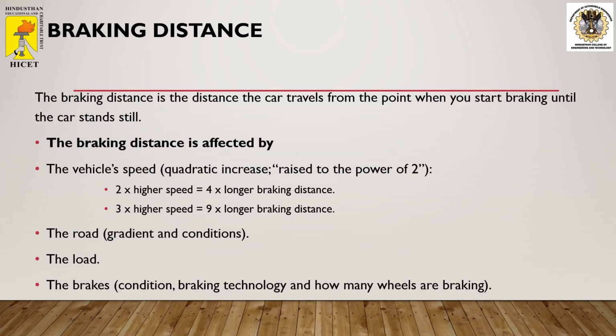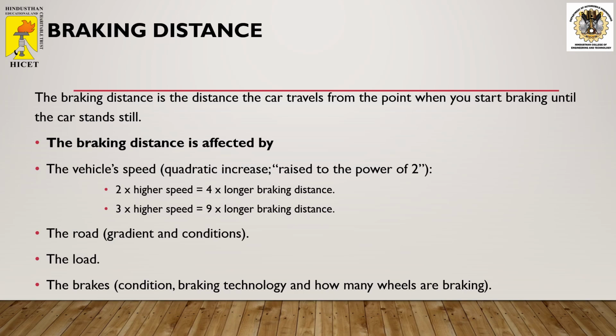For example, if the vehicle speed increases two times, there is a four times increase in braking distance. Similarly, if the vehicle speed increases by three times, the braking distance is nine times longer. So this is about the increase of braking distance with respect to vehicle speed.